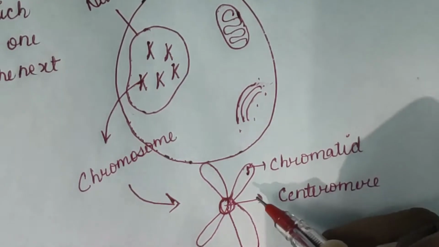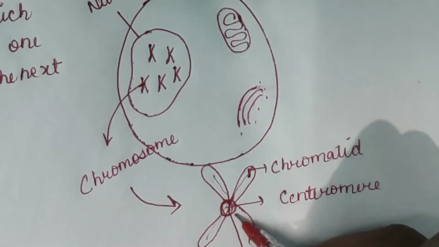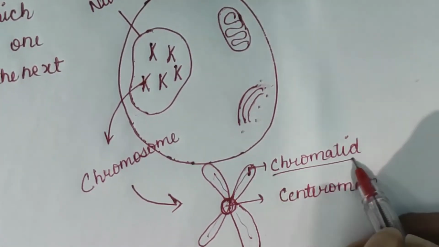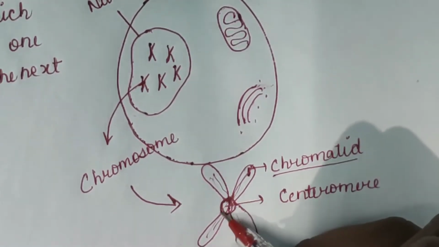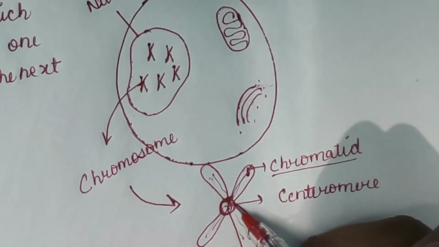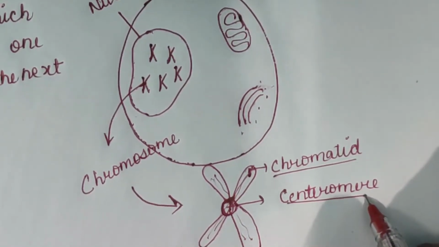So a chromosome consists of two elongated parts called chromatids, and these two chromatids are attached with the help of a protein molecule called the centromere.